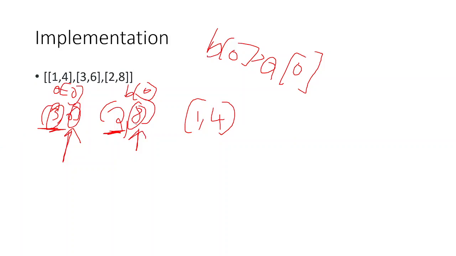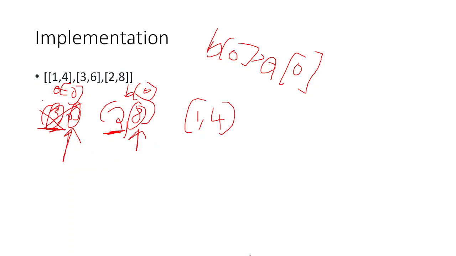The only thing to be checked is whether this is greater than this or not. I hope you're getting the point. If it is, we can remove this and include the other intervals in the vector. So it's very easy.